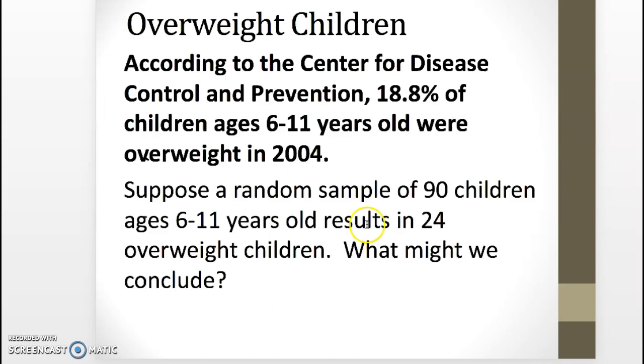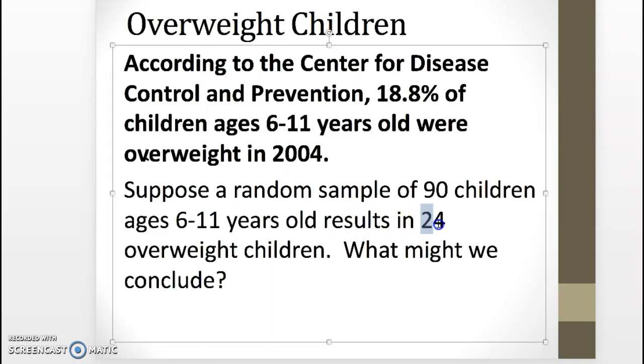So the first thing we want to do is observe that this 24 overweight children is not a percentage. In other words, we don't yet have a percentage that we can compare to this 18.8%. The first step in this problem is to go ahead and obtain that percentage.